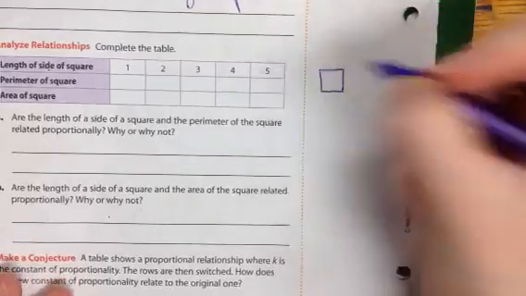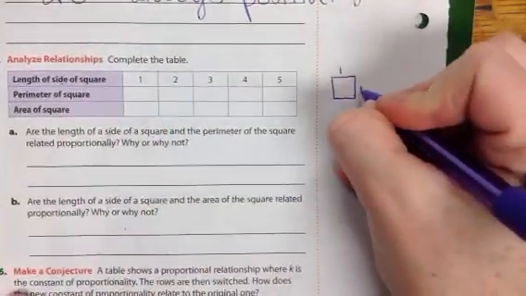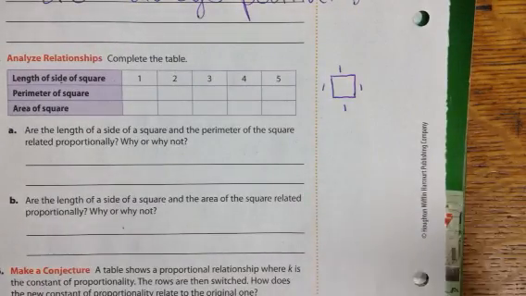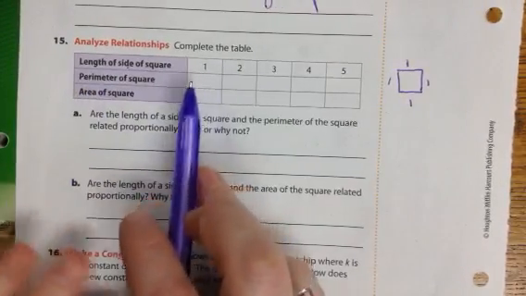So I'm going to draw a square out to the side. They're telling me the side length of this square is 1. So if I put a 1 on all the sides, since I can see it, it makes it easier for me to understand and get the perimeter of the square.